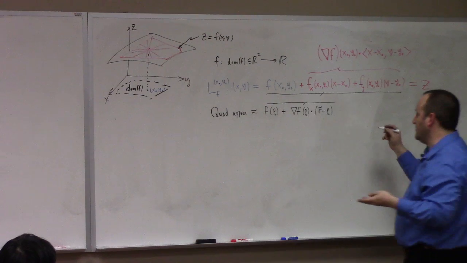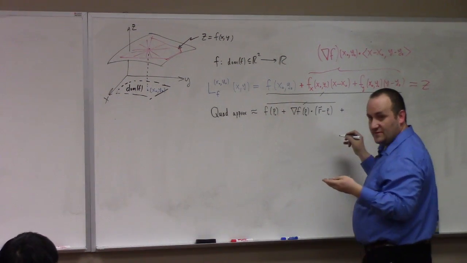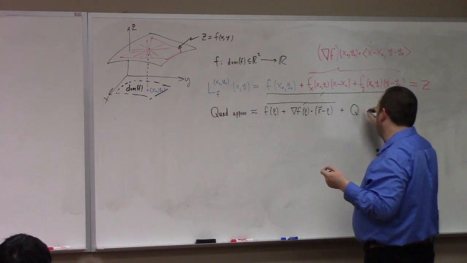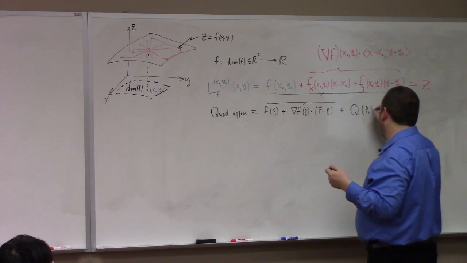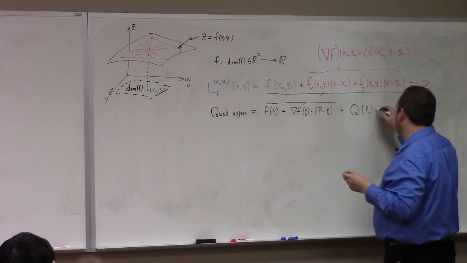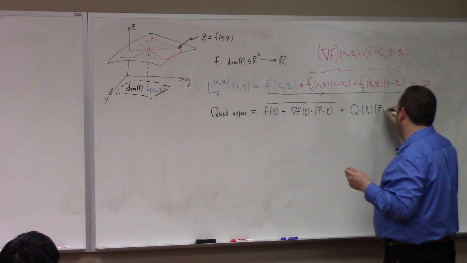What's next? You may not have been taught this, but here's what comes after. You have what's called the Hessian, Q at the point P naught, and you can write it in terms of r minus P naught.